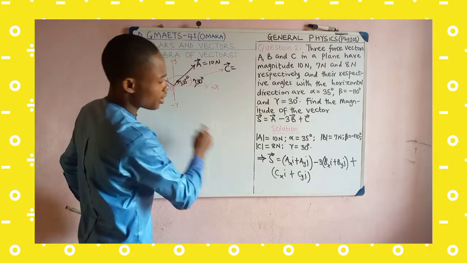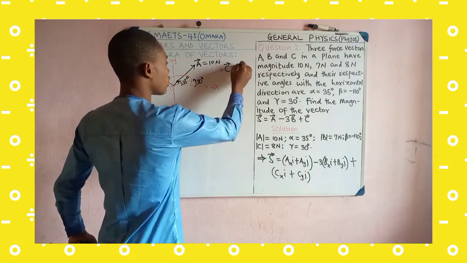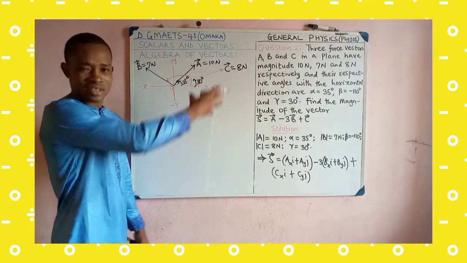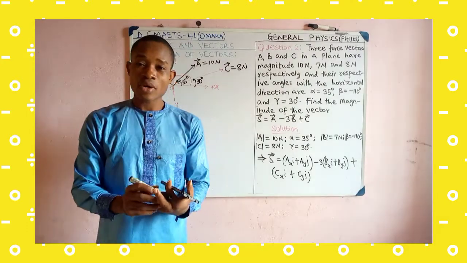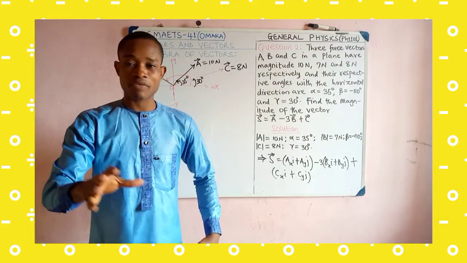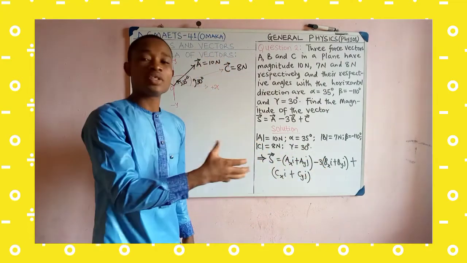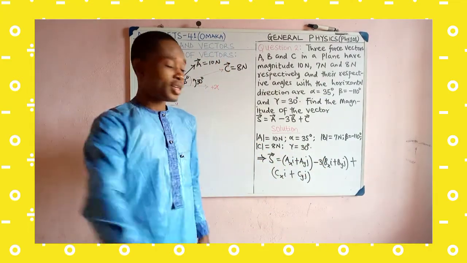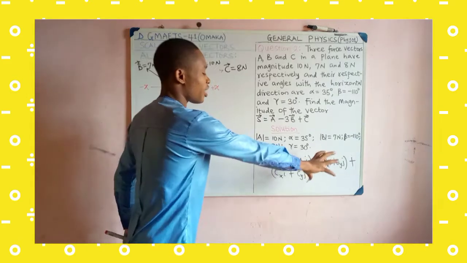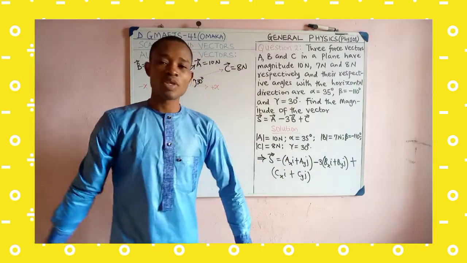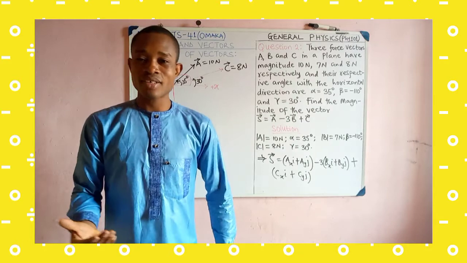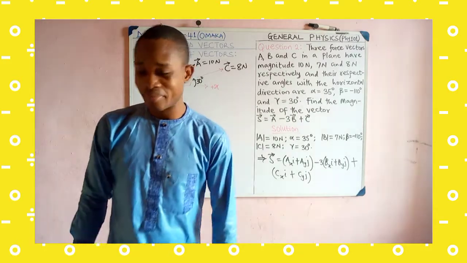So I have ABC, and of course the magnitude of the vector is 8 Newton. So this is actually the sketch of that question. Is that okay? Now we're going to take a short break. When we come back from the short break, we'll obtain the rectangular Cartesian coordinate value of ABC, and then substitute here, simplify, and get the displacement vector S, whose magnitude we are asked to get.